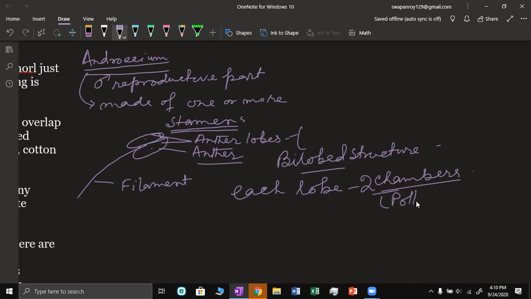the pollen sacs. Within the pollen sacs, pollen grains are produced. Okay.